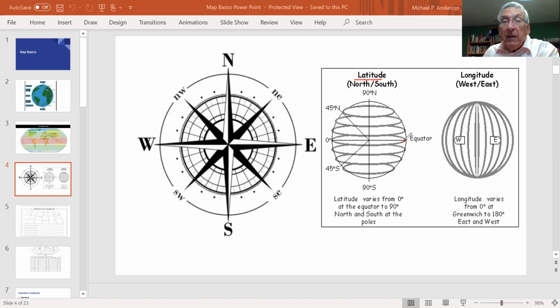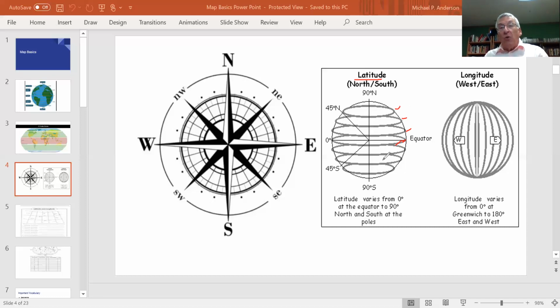The equator is one of the lines of latitude. Okay? Sometimes they're called parallels of latitude. All of these lines that you see right here will never cross each other. Remember geometry. Parallel lines never cross. Okay? So sometimes these are called parallels of latitude.